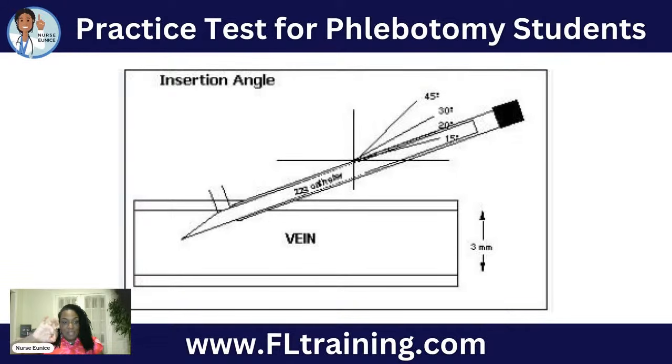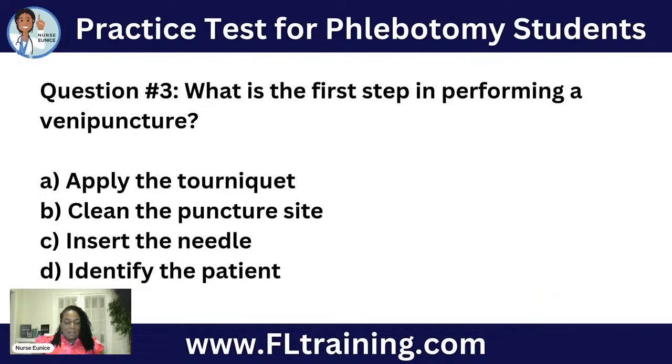Whenever you're trying to enter the vein, you don't want to enter the vein too close to the skin because that means you can take the contaminants from the skin and put it into someone's circulatory system, aka they can get an infection. And if you go at 90 degrees as if you're trying to give an intramuscular injection, you're just going to go straight through the vein. So 15 to 30 degrees is the correct angle for most of your venipuncture attempts.